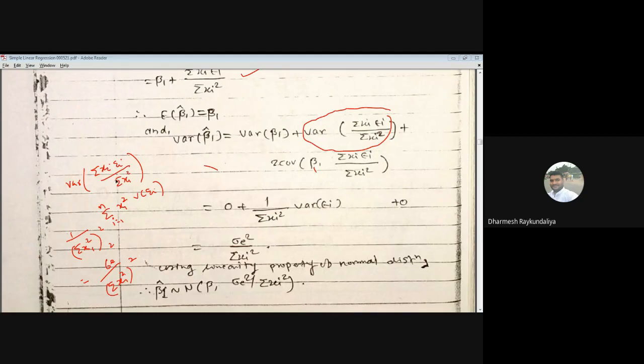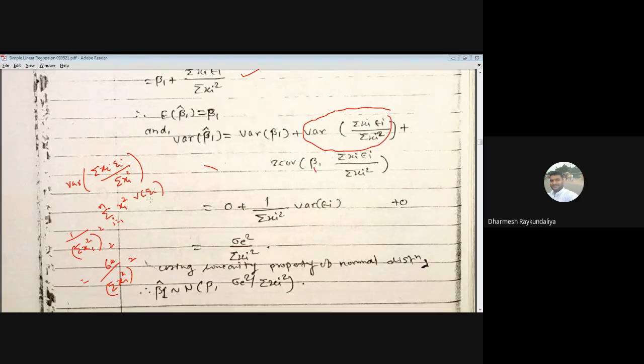The summation of xi square is a constant, so if it is taken outside, it becomes squared: summation xi square whole square. Because the epsilons are independent, the variance of a sum of independent variables is the sum of the variances of the variables. Since xi is a constant, taking it outside the variance gives xi square into variance of epsilon i.